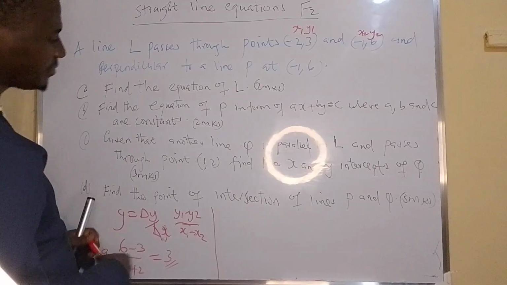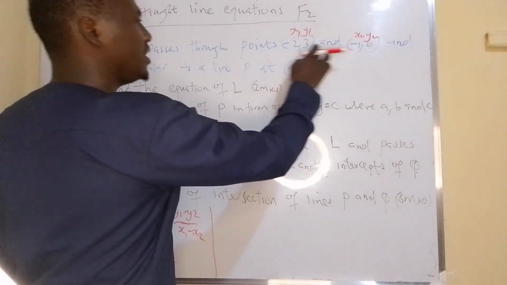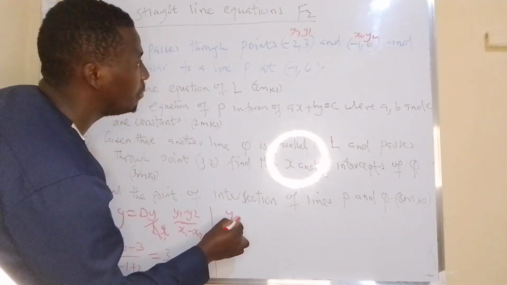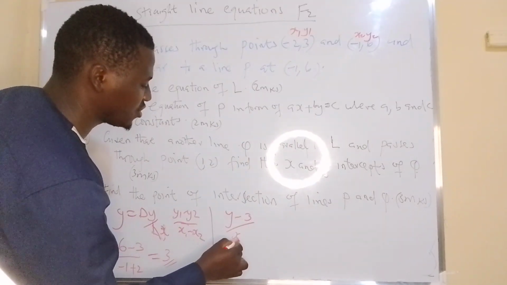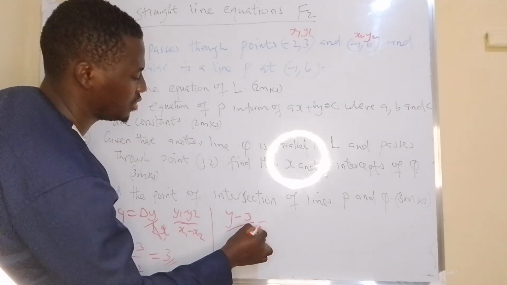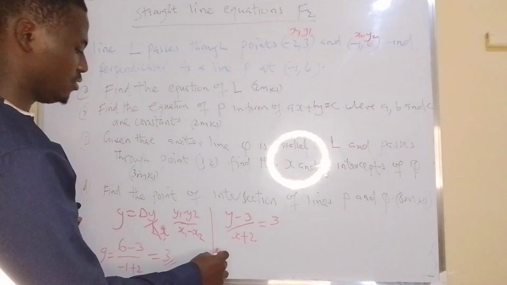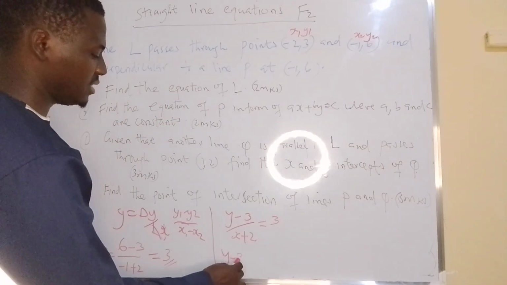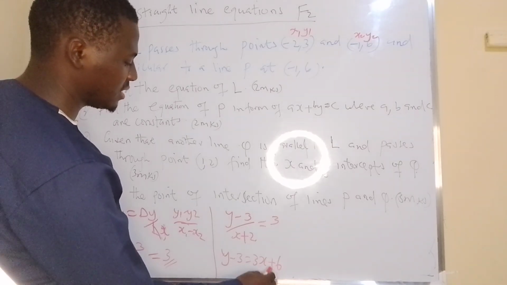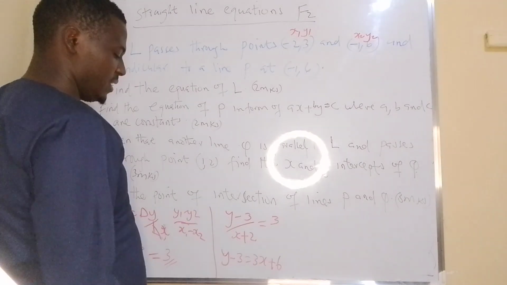So now find the equation of the line. Using the gradient you can use either of the points. Let us use these points here. So you say y minus 3 over x plus 2 is equal to 3. That will be y minus 3 equals 3x plus 6, because this is cross multiplication of x plus 2 times 3.